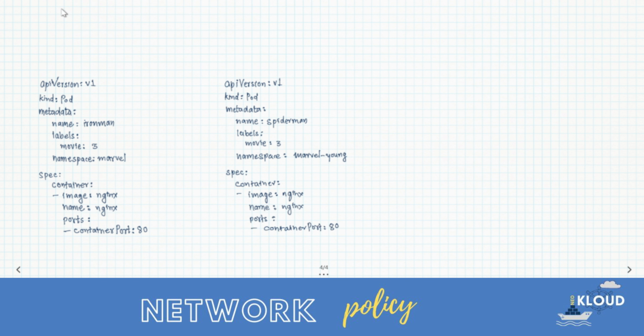So this is pod Iron Man in namespace Marvel with label movie equal to 3, and this is Spider-Man in namespace Marvel Young.